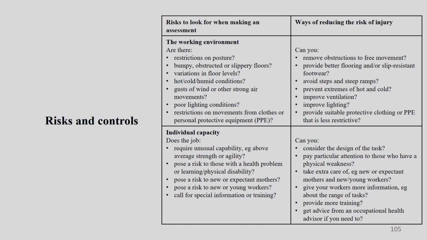Maybe you cannot move your neck, or you cannot move your hand, or you need to adopt a forward bending posture. If it is like that, then you have to remove whatever obstruction is there to free your movement. Are there bumpy, obstructed or slippery floors, variation in floor levels, hot, cold, humid conditions present or not?